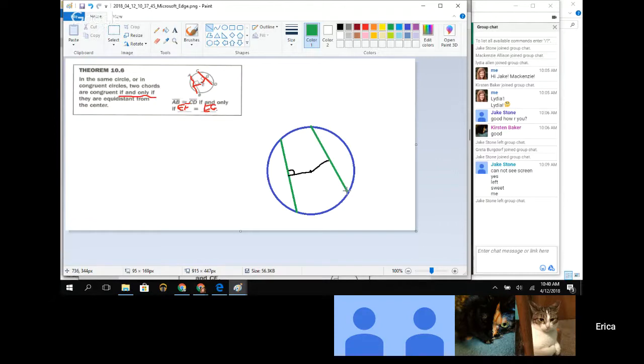Then it's a lot more reasonable that my two chords are congruent to each other. Let's try and draw a right angle here. So this basically, very exciting theorem, I know you guys are excited, says that if you have two chords that are congruent to each other, then they have to be equal distance from the center.